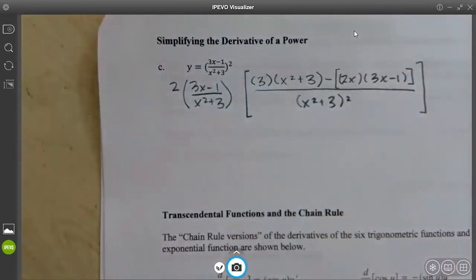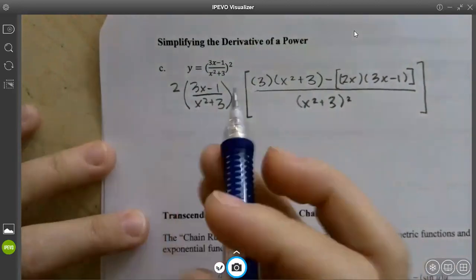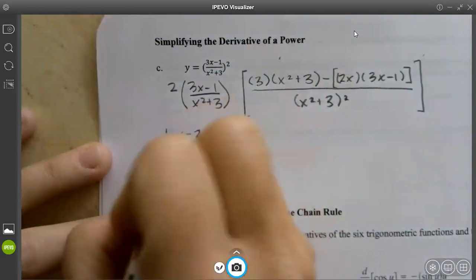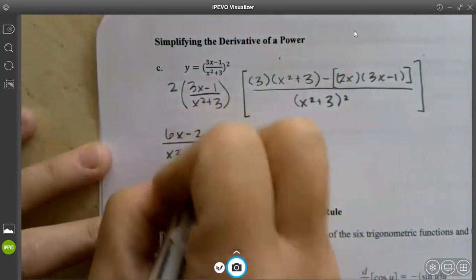These are not as bad because they're easy little functions. They're not the 1/2 or the 3/2 or anything crazy like that. I'm going to go ahead and distribute my 2. You're going to get 6x minus 2 on the top, x squared plus 3 on the bottom.